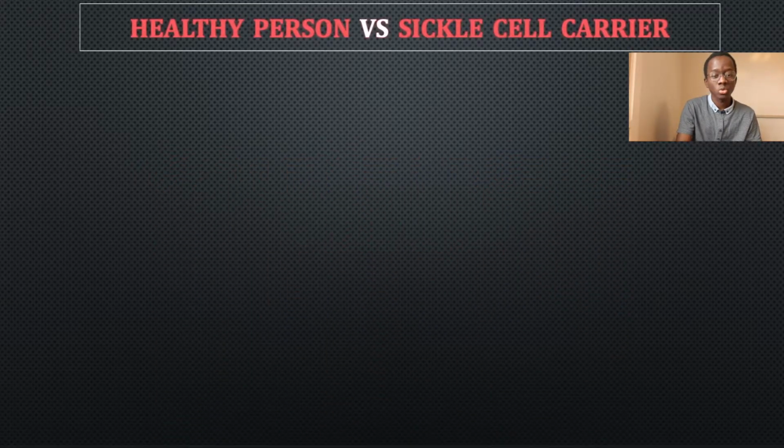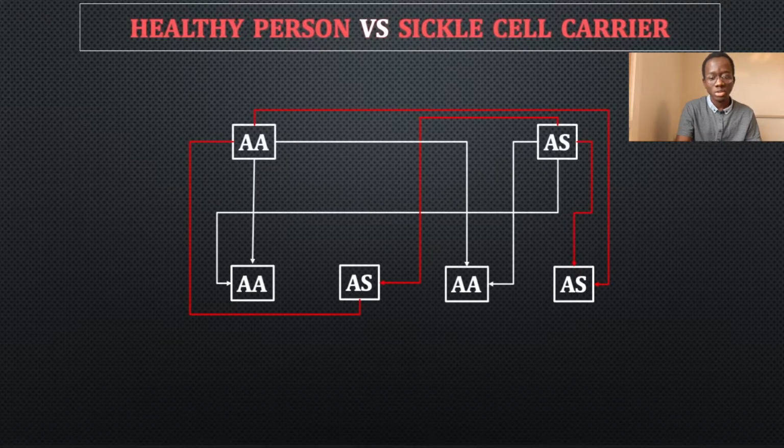The overview of sickle cell trait, from the diagram I'm showing you right now, is AA in combination with AS. AA is a healthy individual, while AS is someone who is a carrier of the gene of sickle cell disease. A carrier doesn't have the disease, but can pass it on to their children.